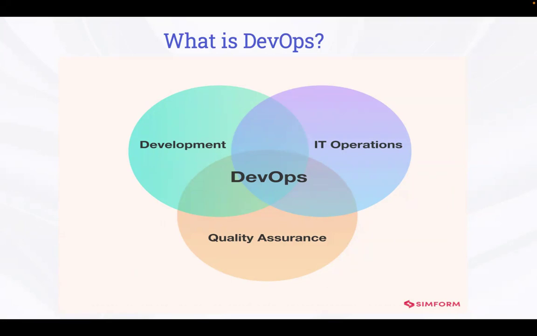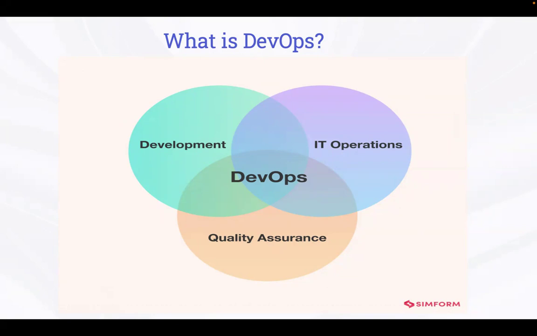Okay, sure. See, DevOps is a collaboration activity or a process in which we make sure the communication and collaboration between development, IT operations, and quality assurance happens in a seamless manner.